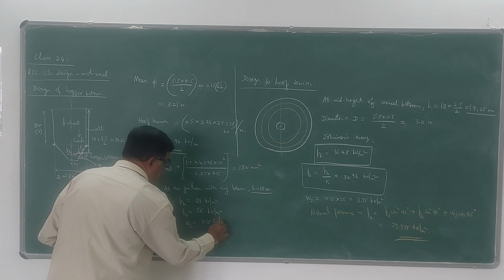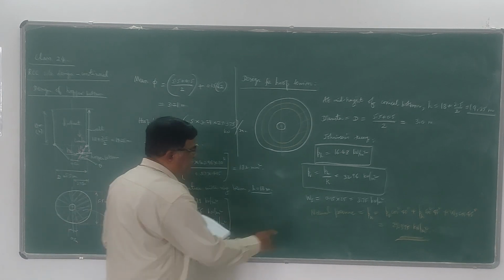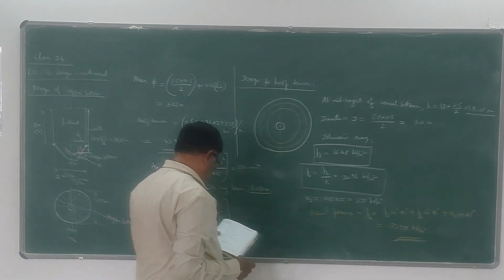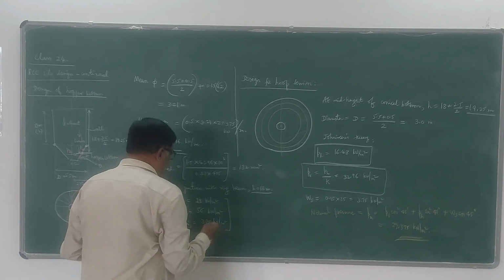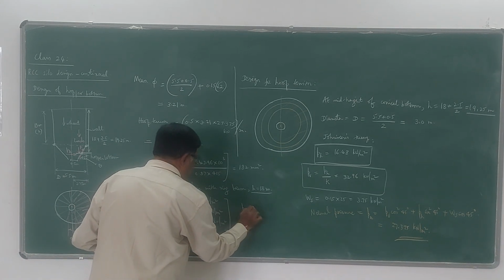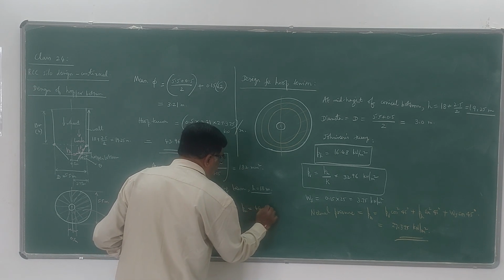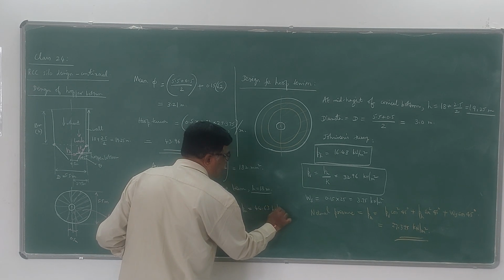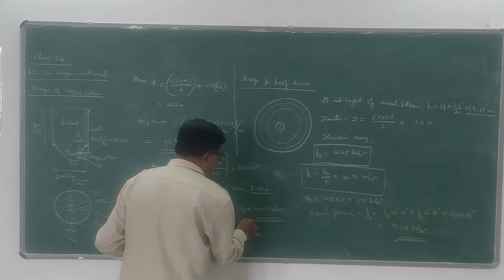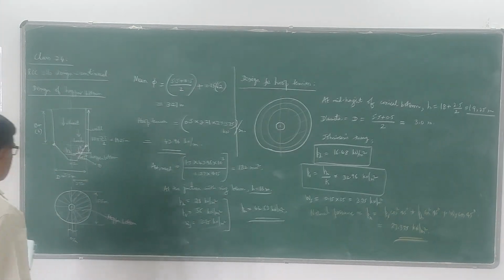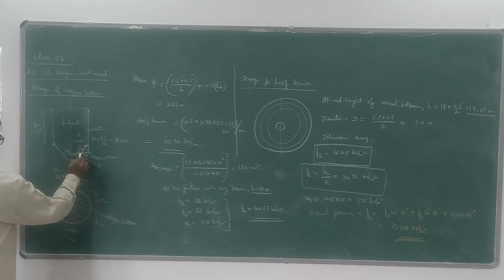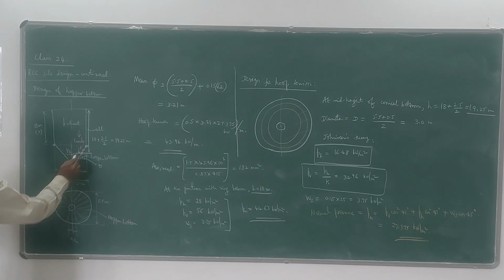So use the same formula, and you will get the Pn value as 44.63 kilonewton per meter square. So normal pressure is more here at the junction compared to the earlier point.